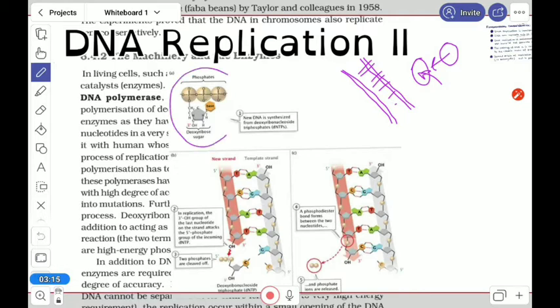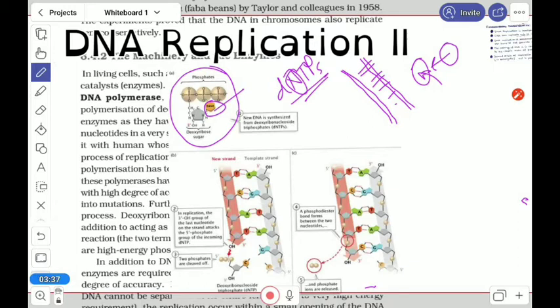Just know that this is called dNTPs. What is the meaning here? N indicates any base. Here you can place anything.